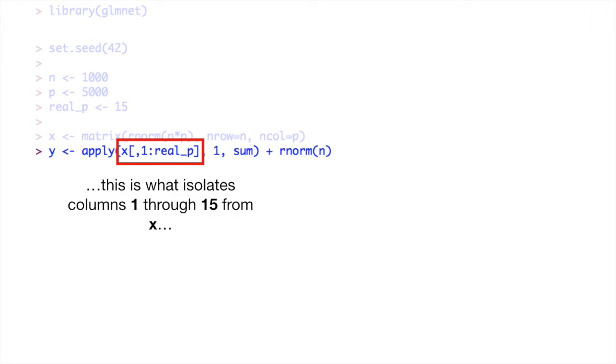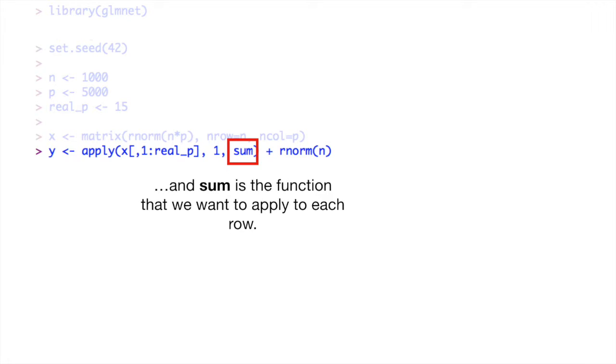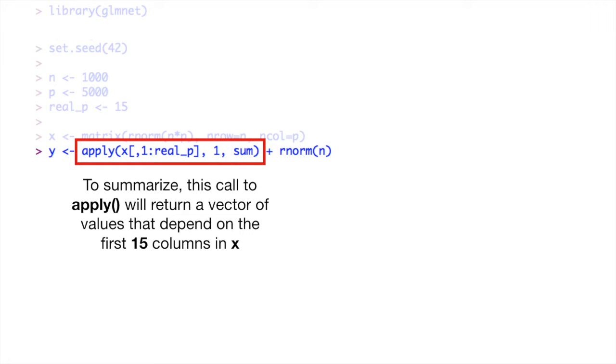This is what isolates columns 1 through 15 from X, and this 1 specifies that we want to perform a function on each row of the data that we've isolated from X. And sum is the function we want to apply to each row. To summarize, this call to apply will return a vector of values that depend on the first 15 columns in X.